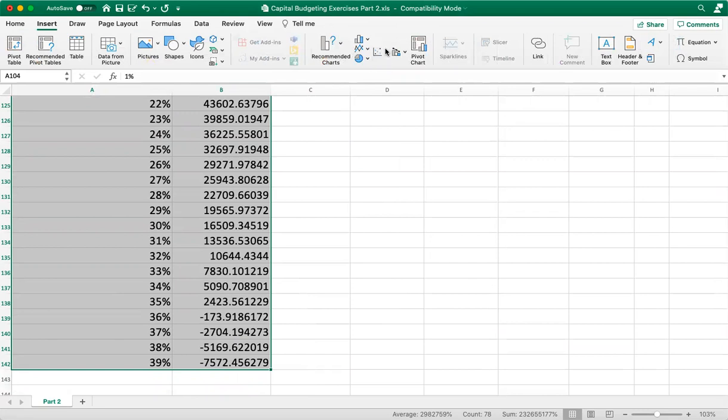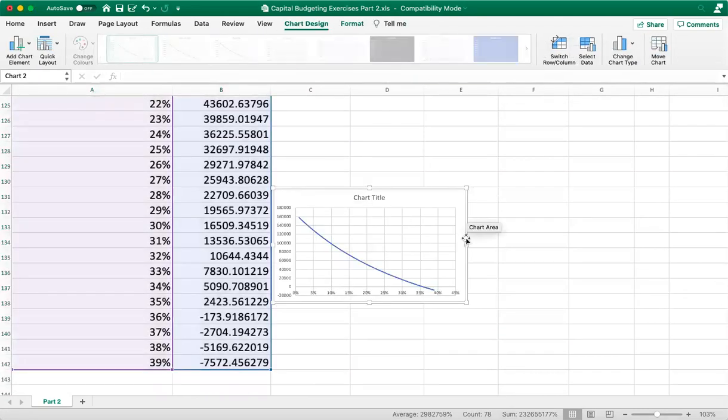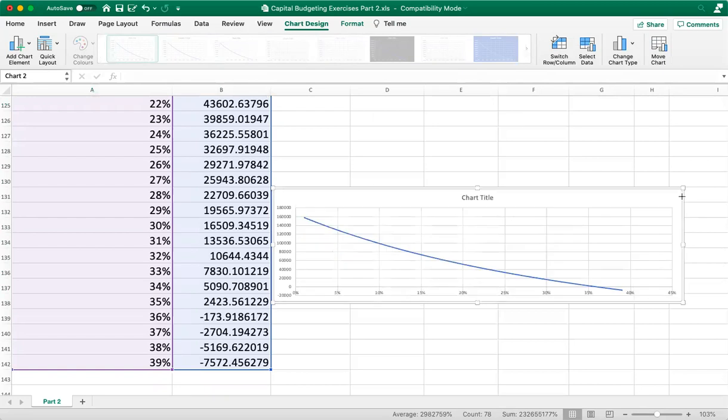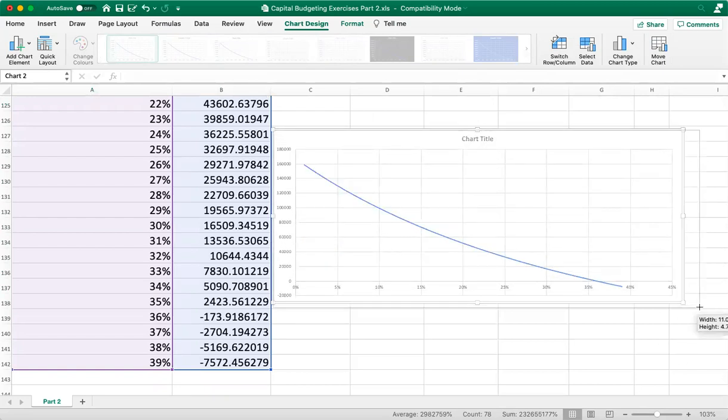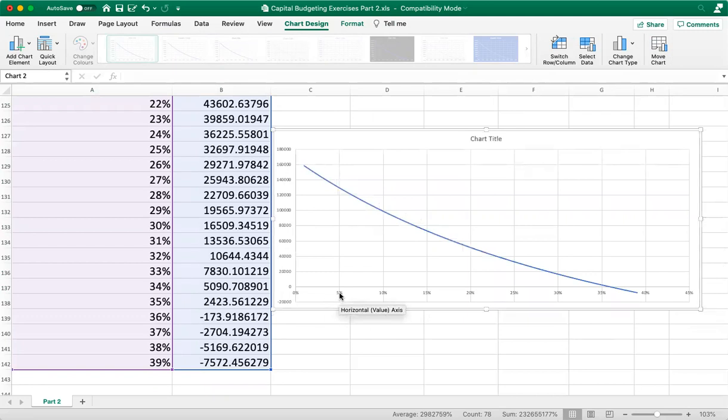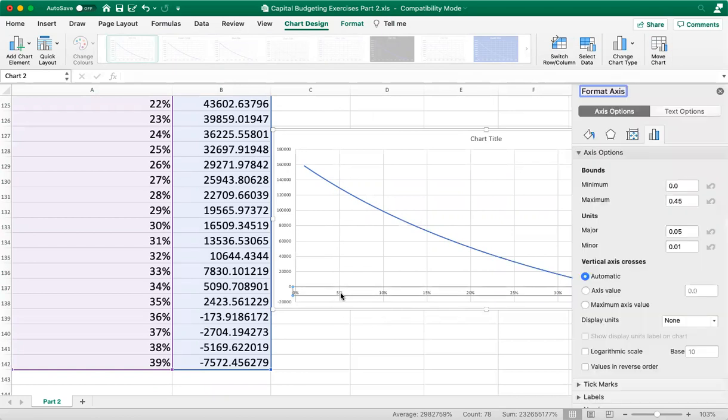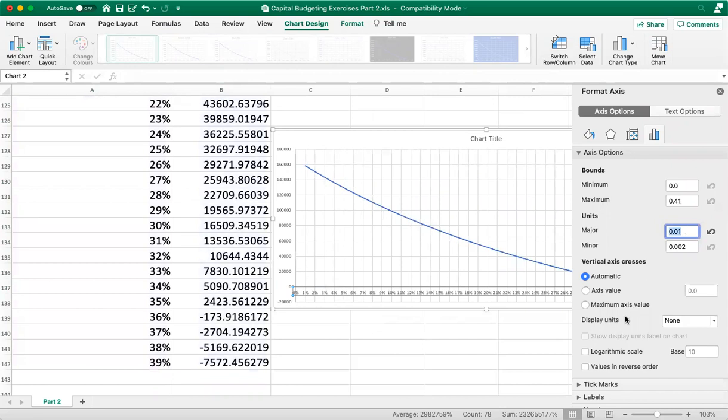So the charts are here. Pick XY scatter, XY scatter smooth. So click on that and you have your graph, so you can extend it. Now, this is moving by 5%, 5, 10, etc. So double click here on 5, then it will give you format axis. So you can see the major unit is 5. We want it to be 1. Then you enter.